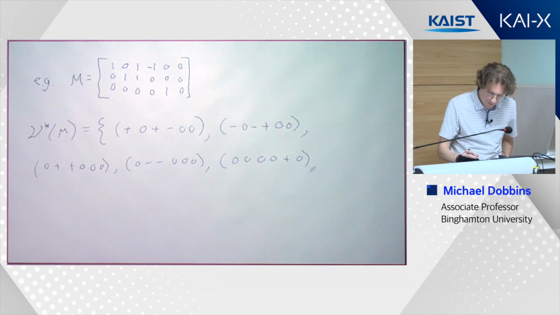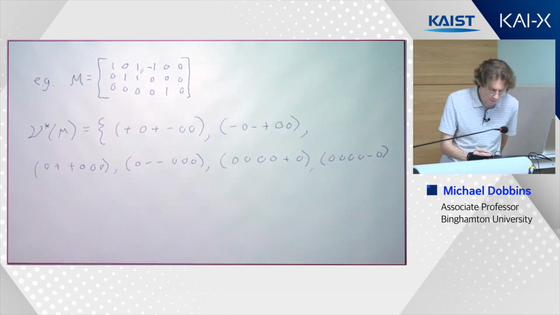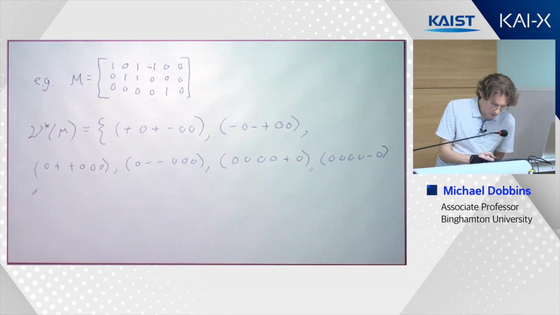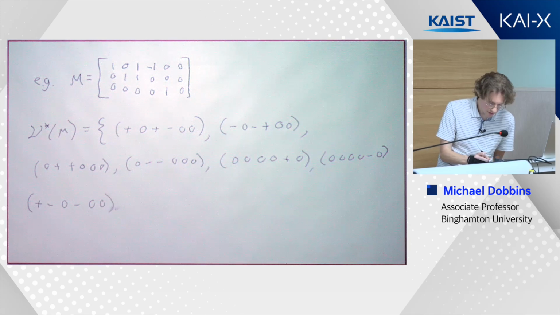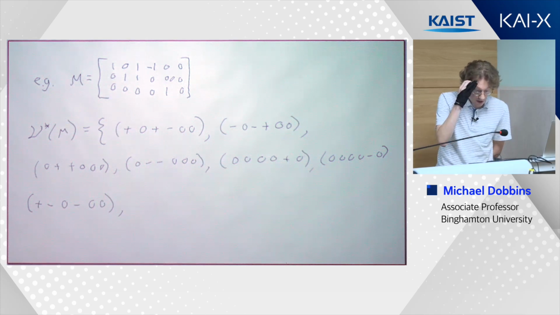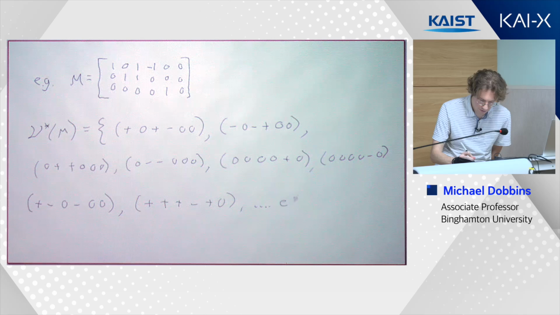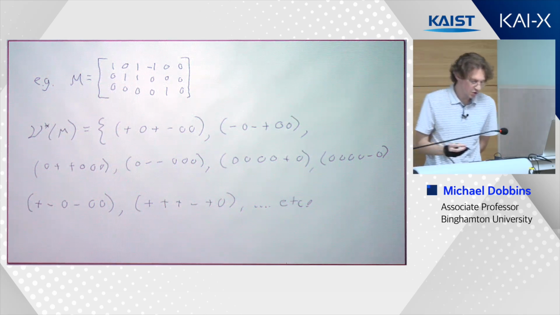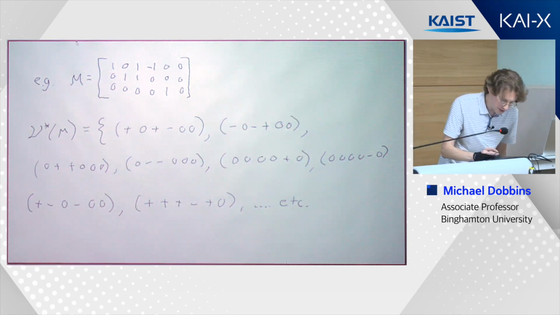And I also have something I could get by combinations, like I could subtract the second row from the first row. So I could get plus minus 0 minus. Or I can add all of them together, and many more.